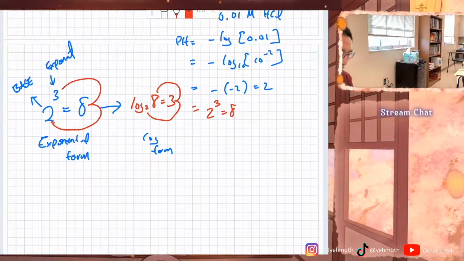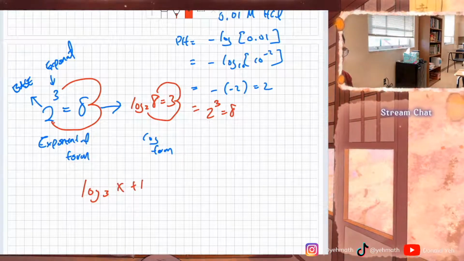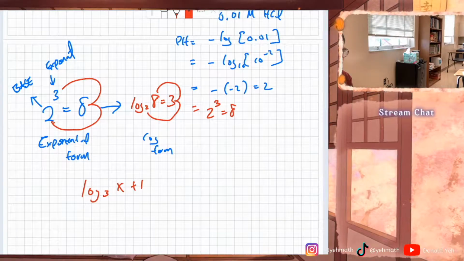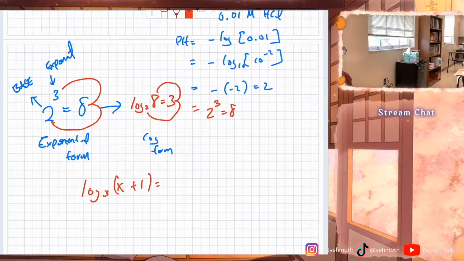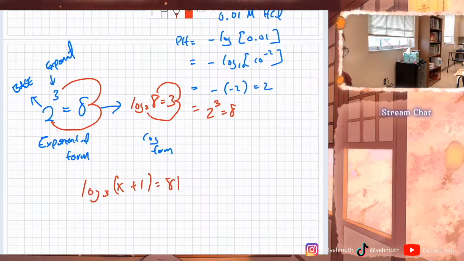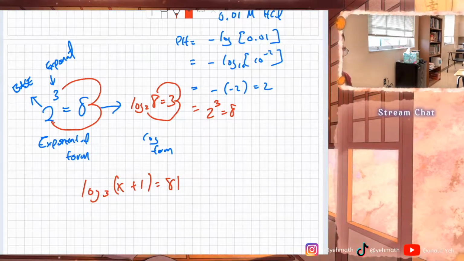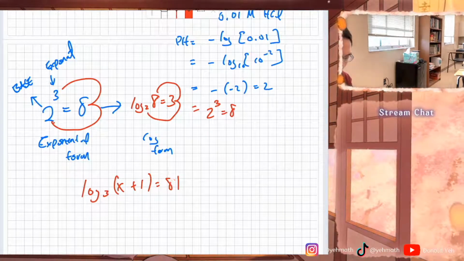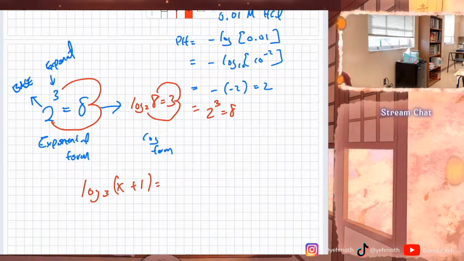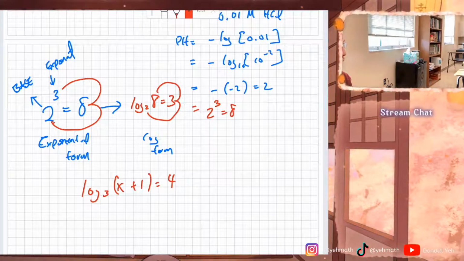Because it could be as easy as log base 3 of x plus 1 is equal to 4. Sorry, let me fix this one.